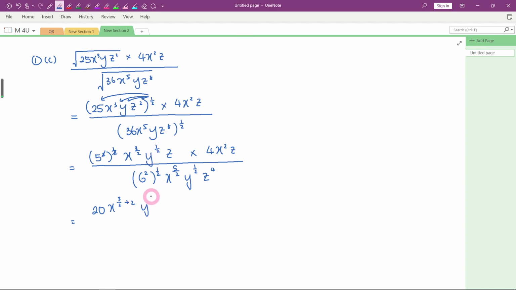Okay, so y, just copy first. And z, this is 1, this is 1. 1 plus 1, because here is power 1, here is power 1. Multiply, we add up their power together. Here, do the same thing, you get 6. The bottom here, you just copy.